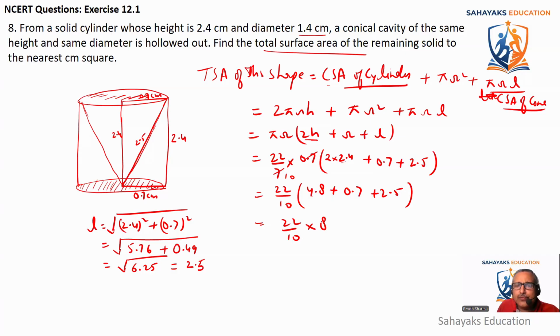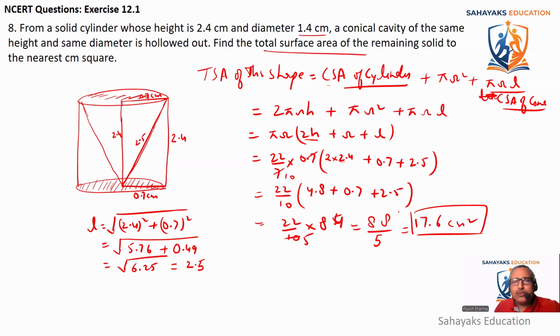So it becomes 22 by 10 into 8, that is 88 divided by 5. 5 1s are 5, 5 7s are 35, 5 6s are 30. So it comes out to be 17.6 centimeter square. Seems pretty small.